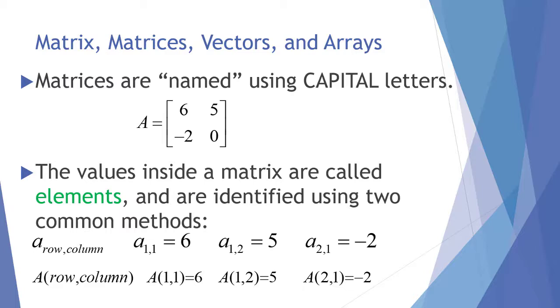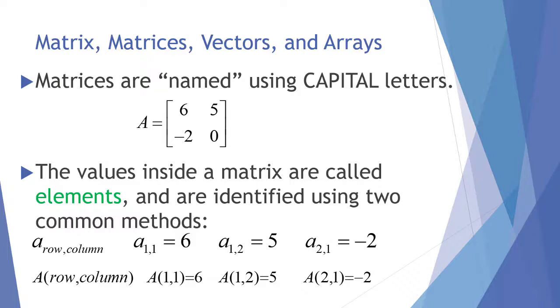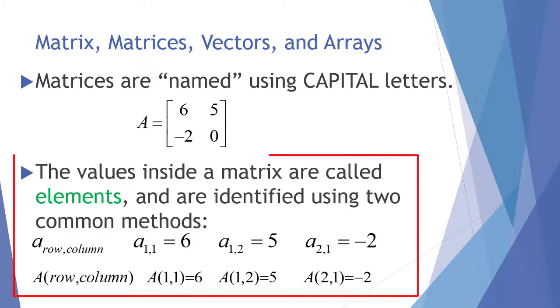For some notation here, matrices are named or assigned a variable always using capital letters. You've done algebra before, we've done algebra in this class, and usually a variable represents one number, but a capital variable can often represent a whole matrix or a whole array of numbers. The values inside a matrix are called elements, and they are always identified using one of two common methods.